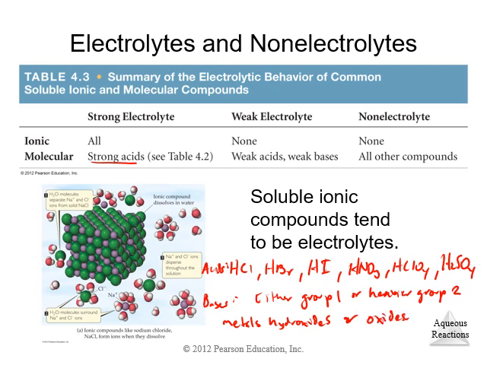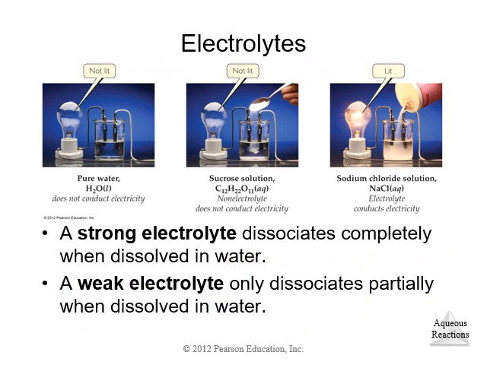One of the things we'll talk about a little bit later is for those metal oxides, when they have water added to them, they will react and form a hydroxide compound. So if you have a group 1 metal oxide or a heavier group 2, and by that we mean calcium, strontium, barium, if you have those different metals combined with either oxygen or the hydroxide ion, it will be a strong base.